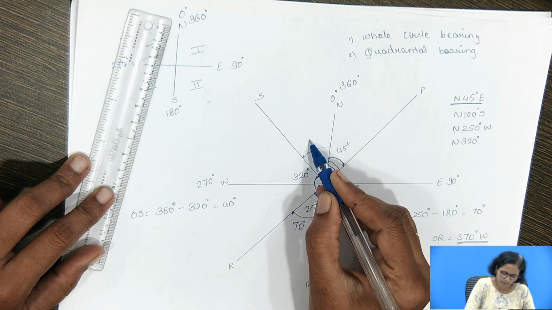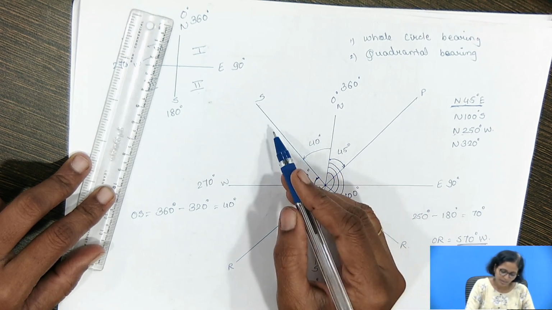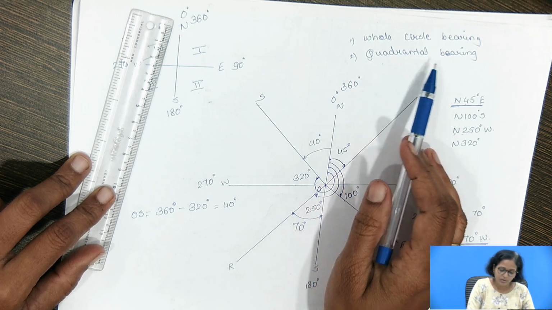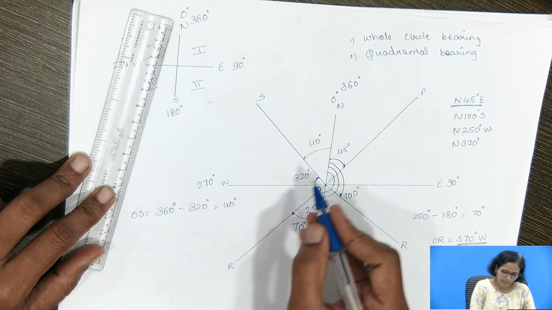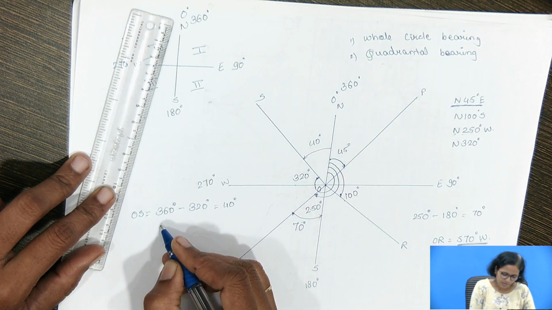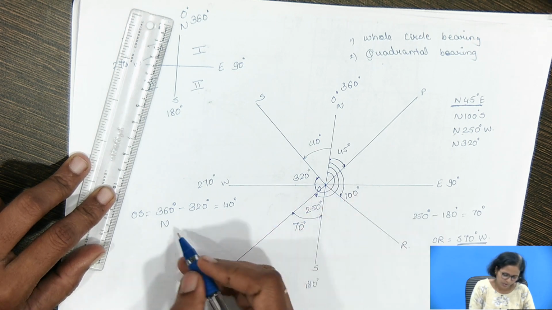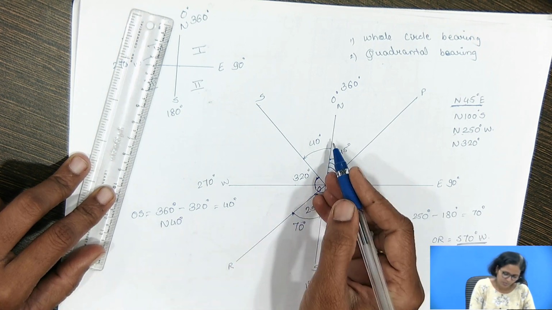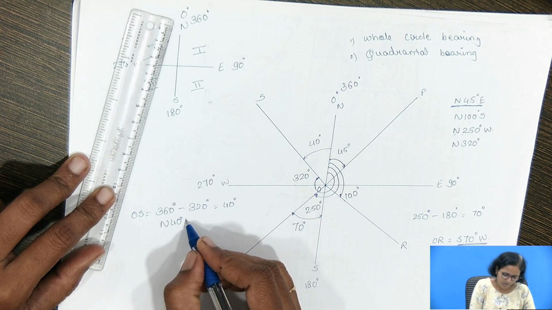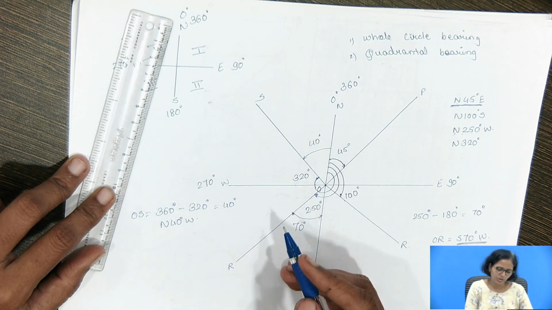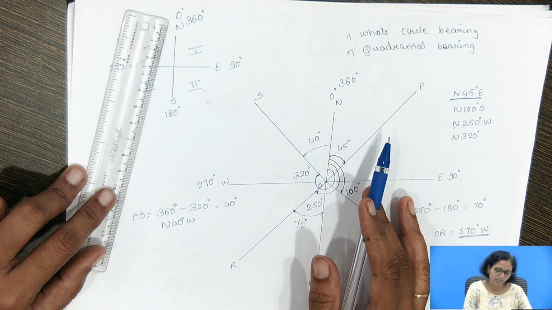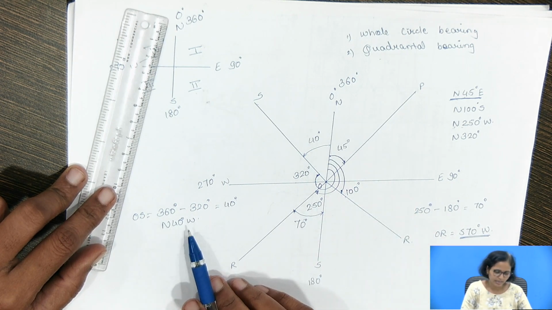The bearing of this line, if you consider the quadrantal bearing, can be written as north 40 degrees west, as it is moving towards the west direction.